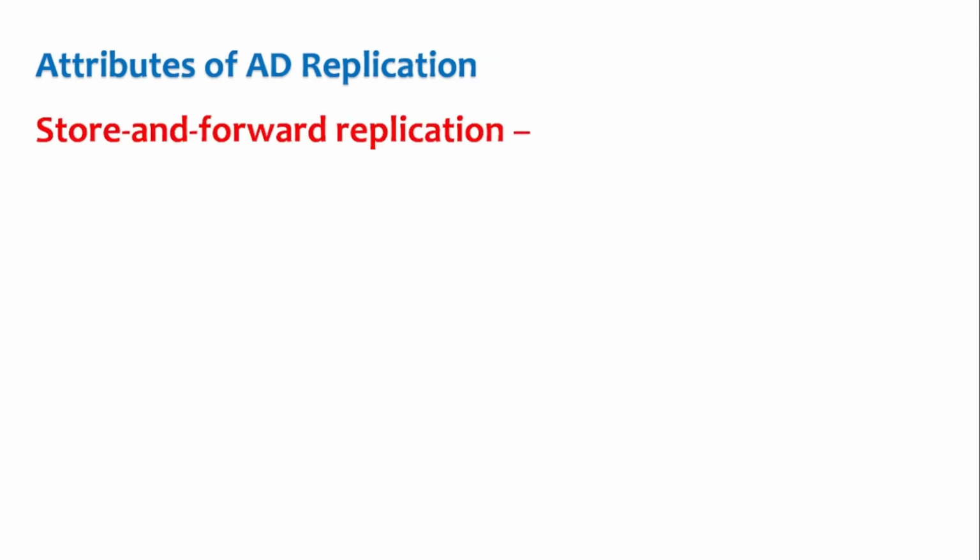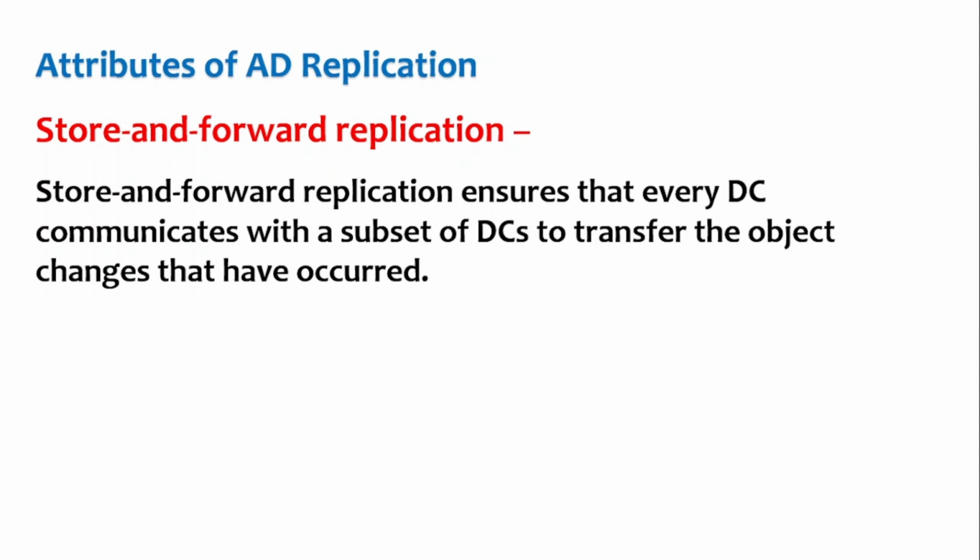The next attribute of Active Directory replication is that it is always store and forward in nature. Store and forward replication ensures that every domain controller communicates with a subset of domain controllers to transfer the object changes that have occurred.